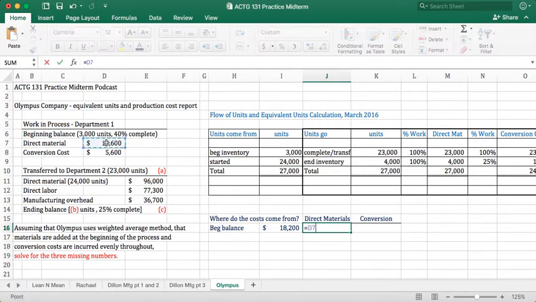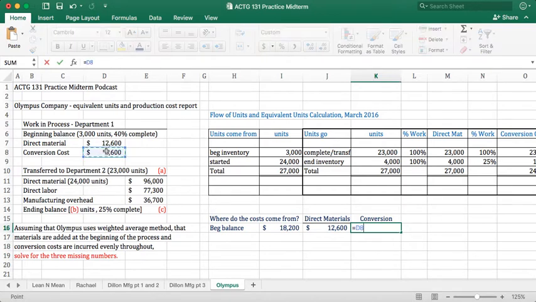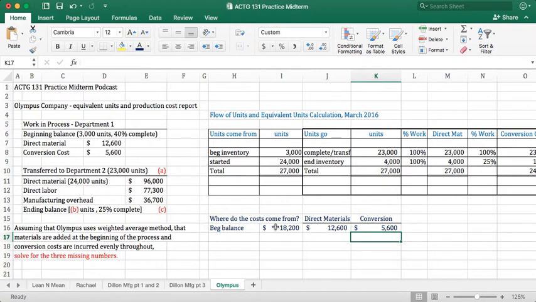And that cost is made up of the $12,600 for the direct material and the $5,600. So you might say, well, Lenore, why did you even put that dollar amount in? Hold on. You're right, I don't have to put the number in there, but I want you to know where I get these numbers from.